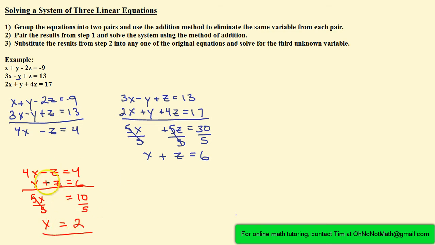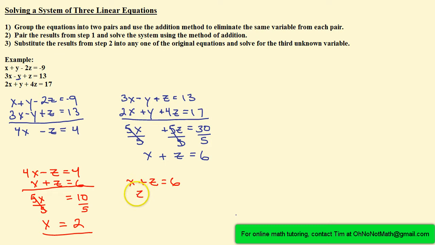The way I do that is to take either of these two equations and plug in x equals 2 into the x variable and solve for z. So I'm going to take the second equation. x plus z equals 6. And I want to solve that for z.